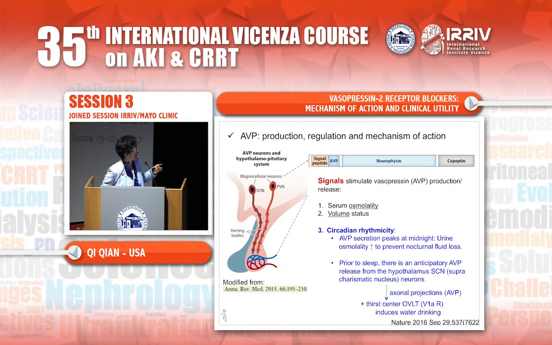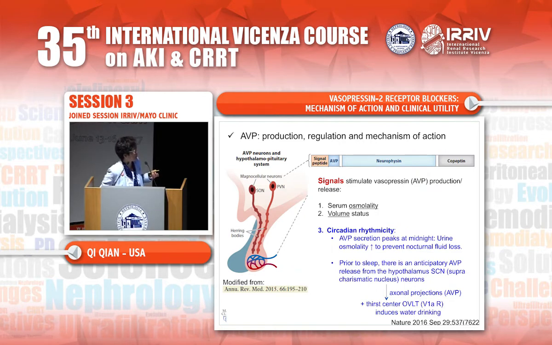Recently, it's becoming more and more clear that there is a circadian rhythmicity of AVP, which is independent of osmolality change and volume change. AVP secretion peaks at midnight and reaches its nadir at around noontime to help us regulate water.